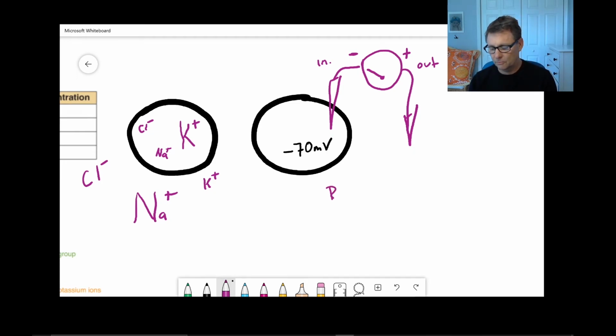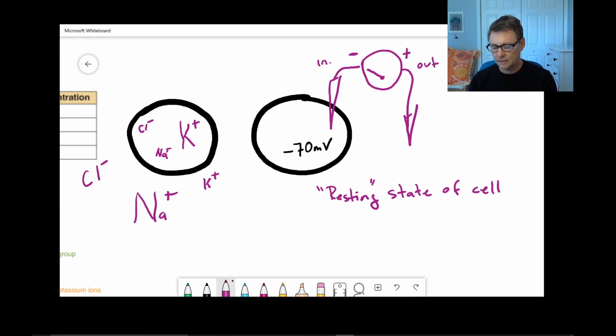Resting potential is a very poor choice of name. It's the resting state, or the resting electrical potential, and it gives you the idea that the cell is resting. If this were a nerve cell, we're saying it's not actively firing an action potential down the axon.